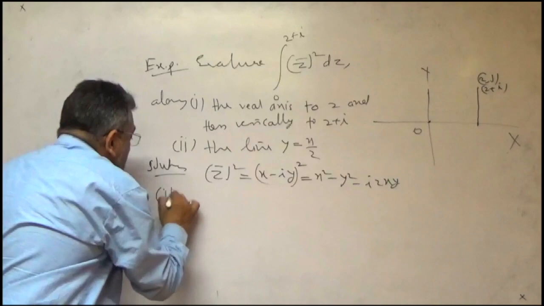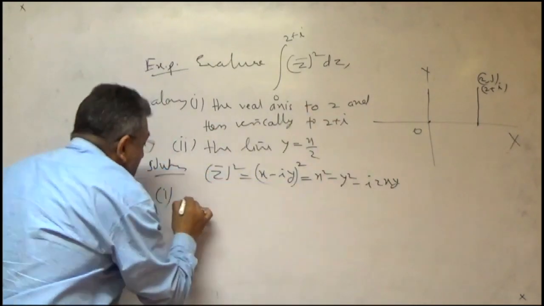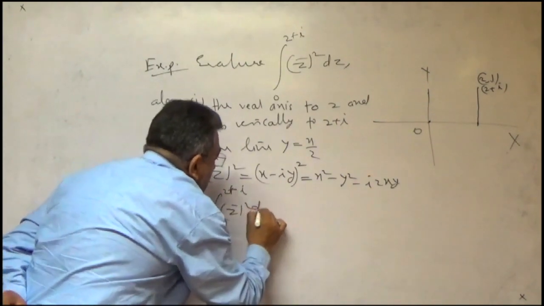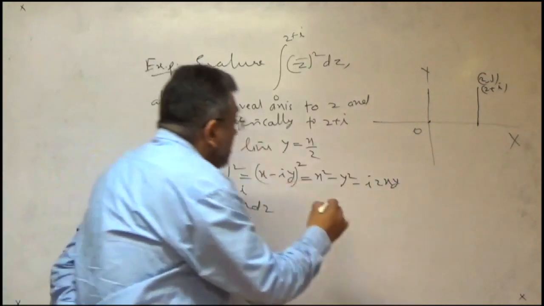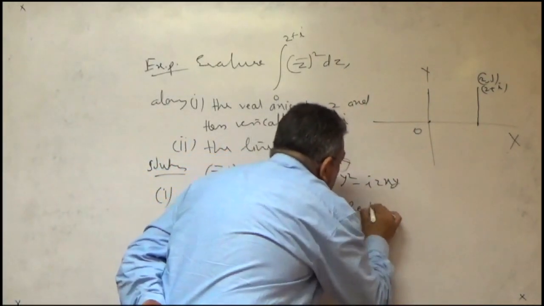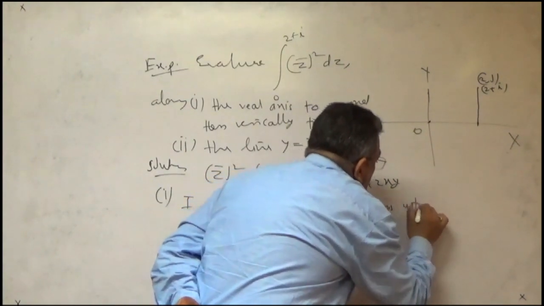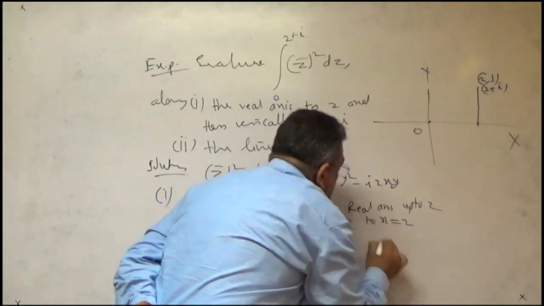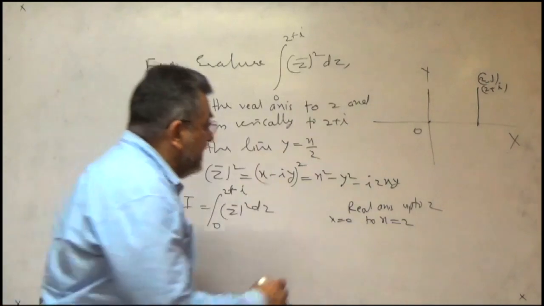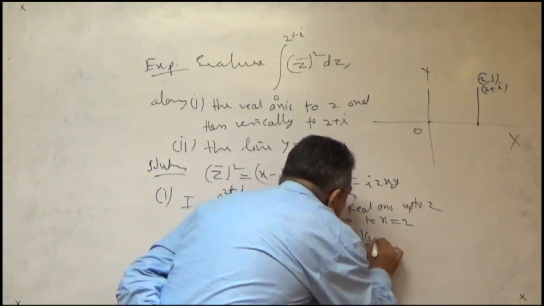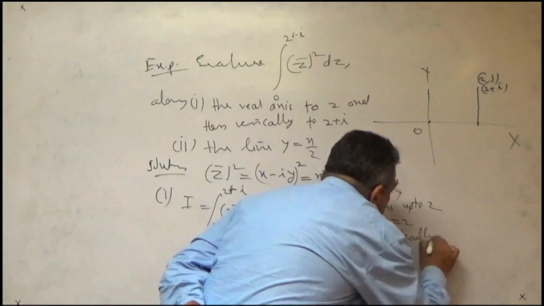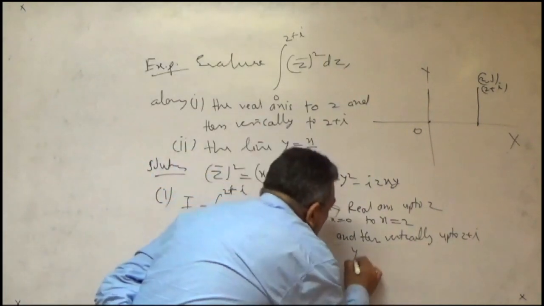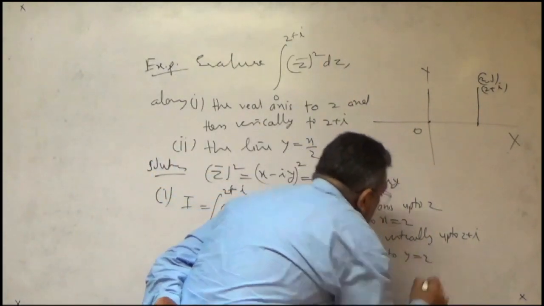Now in the first case, the path is the real axis; the integral is from 0 to 2 plus i of z bar square dz. The path is the real axis up to 2, meaning x from 0 to x equal to 2, and then vertically up to 2 plus i, that means y from 0 to y equal to 2.